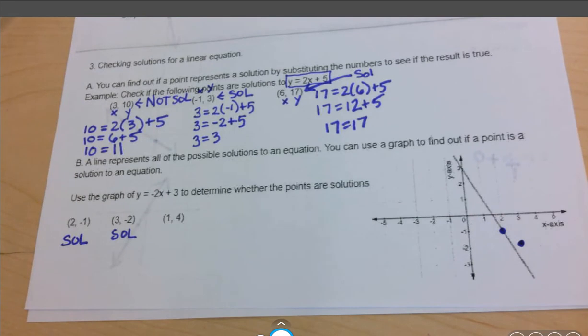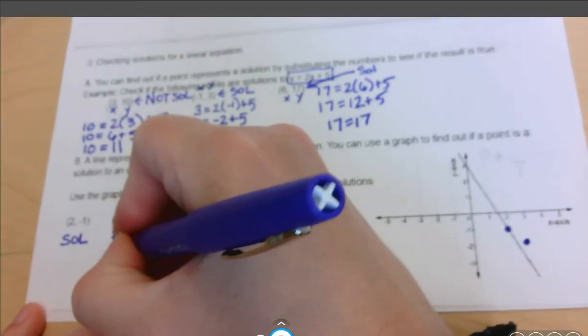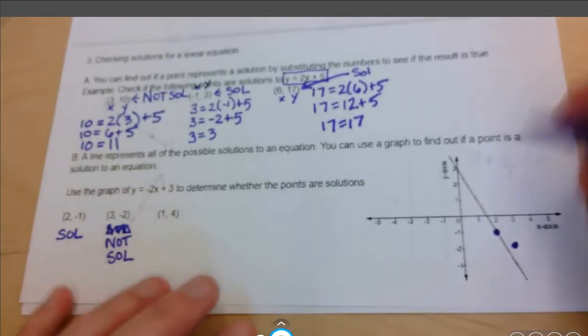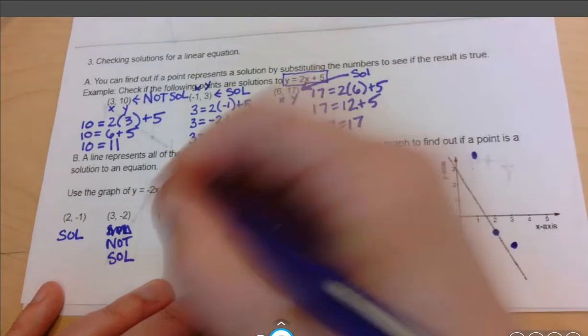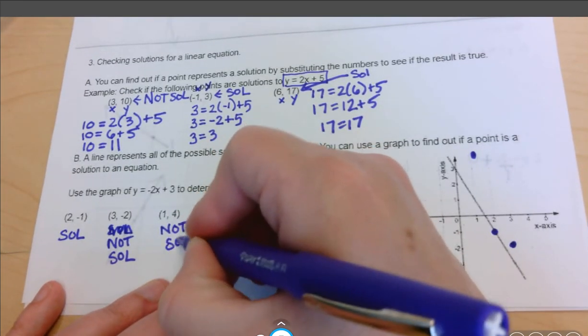Work it ahead of me, and then have your prediction ready. 1, 4. Wait, what's the second one? All right, so thank you. That was not a solution for 2, because it was off the line. And then the third one is 1, 4, which is all the way up here and not on the line. So you guys were right. That is also not a solution. Now listen to what I want you to do with your papers.